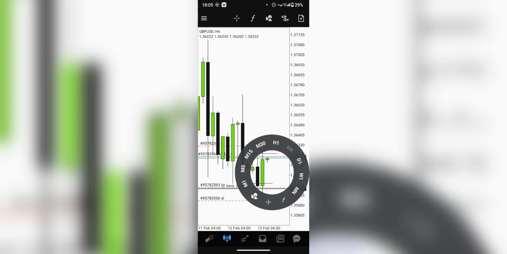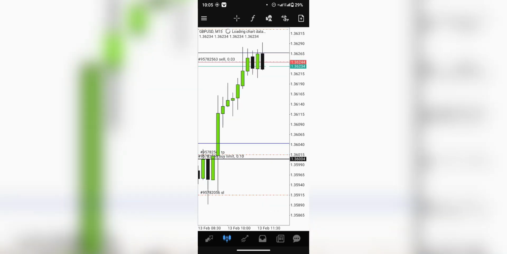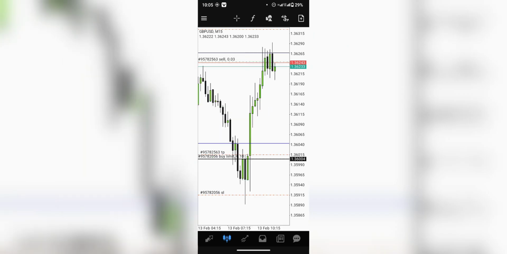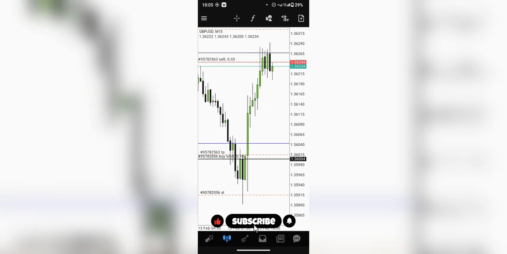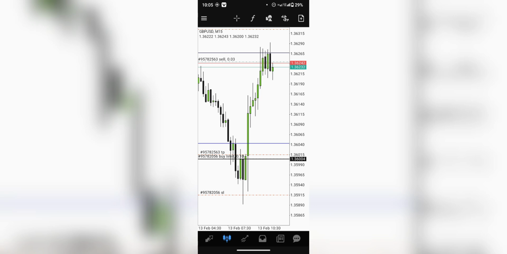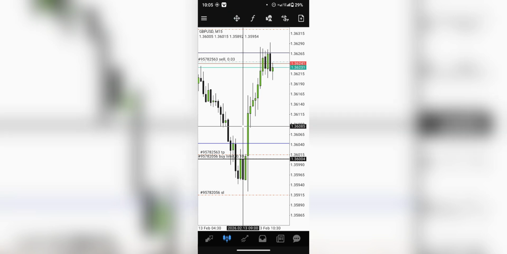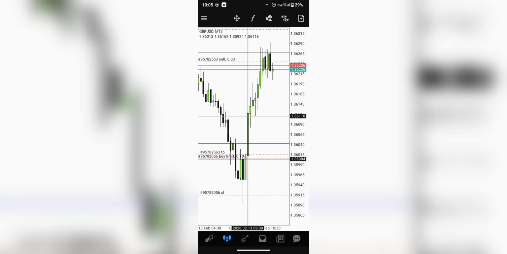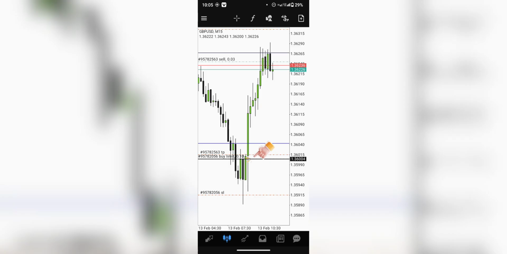That would mean that we'd have to come down to the 15 minutes chart to identify the discount array where price would likely go further from there, and that is right around this area of the rejection block identified on the 4 hourly, because on this candlestick there is this long wick which makes it another rejection block on the 15 minutes. So that's likely where we should expect an entry.